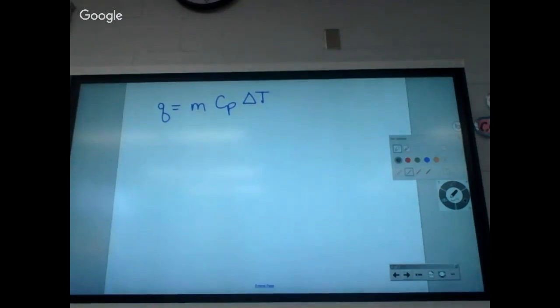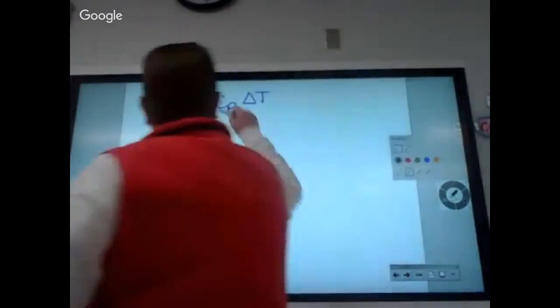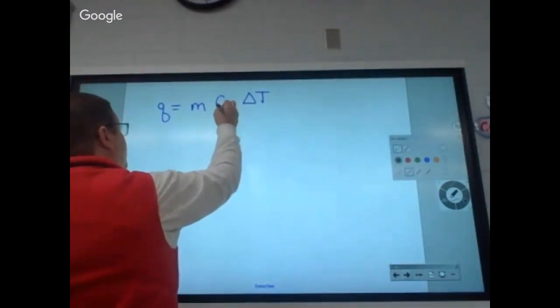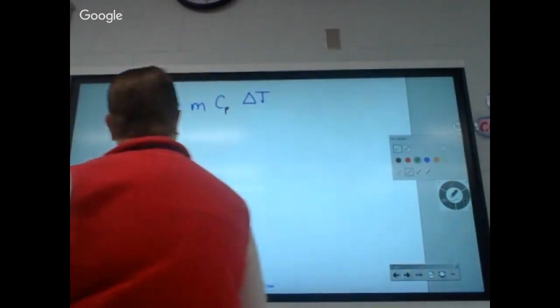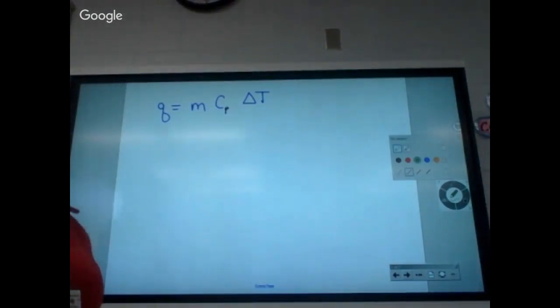It looks smaller than the C, people, but it doesn't look lower than the C. Rewrite it. Now you made me write it in my pretty orange color. Is that small enough? Yeah, that's good, thank you. I'm not writing it that size every time we write this equation.